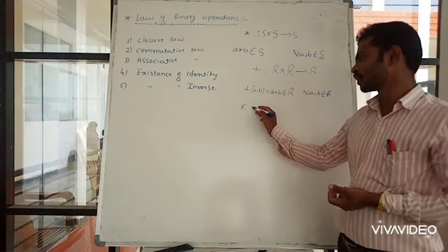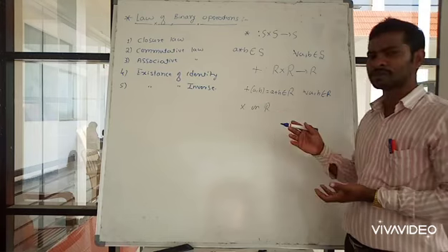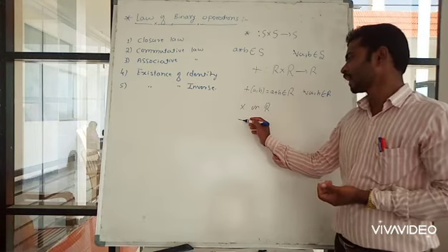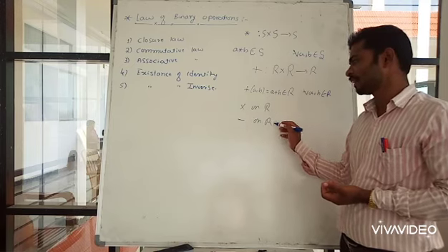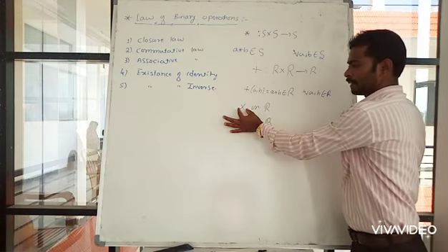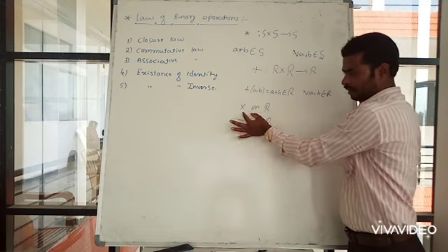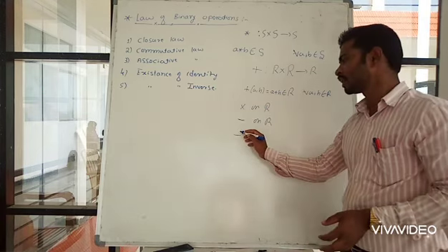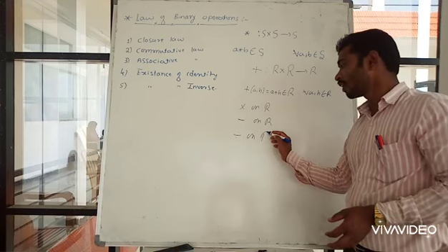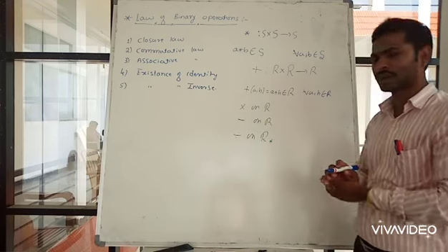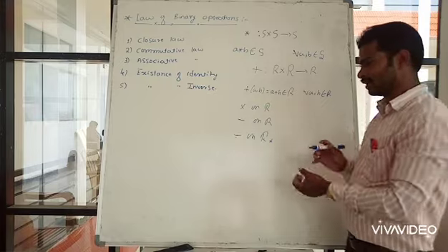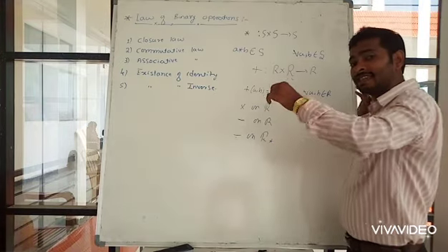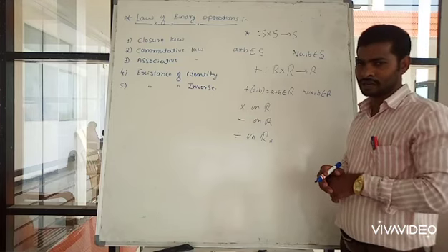Similarly, the multiplication operation on the set of all real numbers satisfies the closure law. Similarly, subtraction on the set of all real numbers satisfies the closure law, because the multiplication of two real numbers is a real number, and the subtraction of any two real numbers is a real number. And for division on the set of all non-zero real numbers, which you consider as R star, the division of two non-zero real numbers is again a non-zero real number.